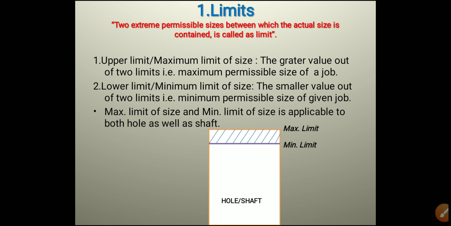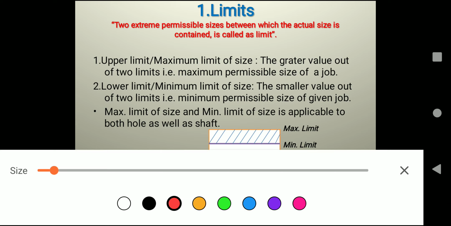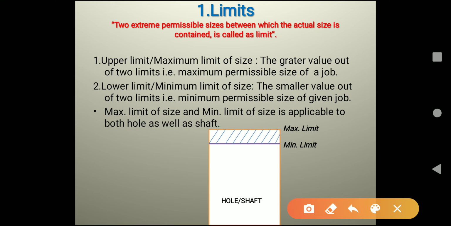You can see here in the image, it is showing the hole and shaft with their tolerances. This particular hatched section is called the tolerance zone. Here the baseline is called the minimum limit, and the upper line of the tolerance zone is called the maximum limit.